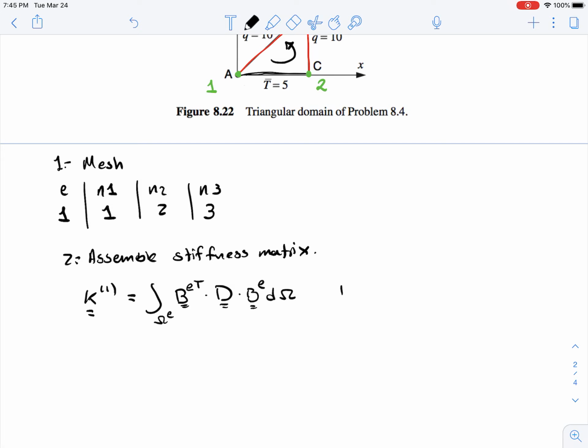In this case, for linear triangular elements, BE would be the matrix that has the gradients of the shape functions.